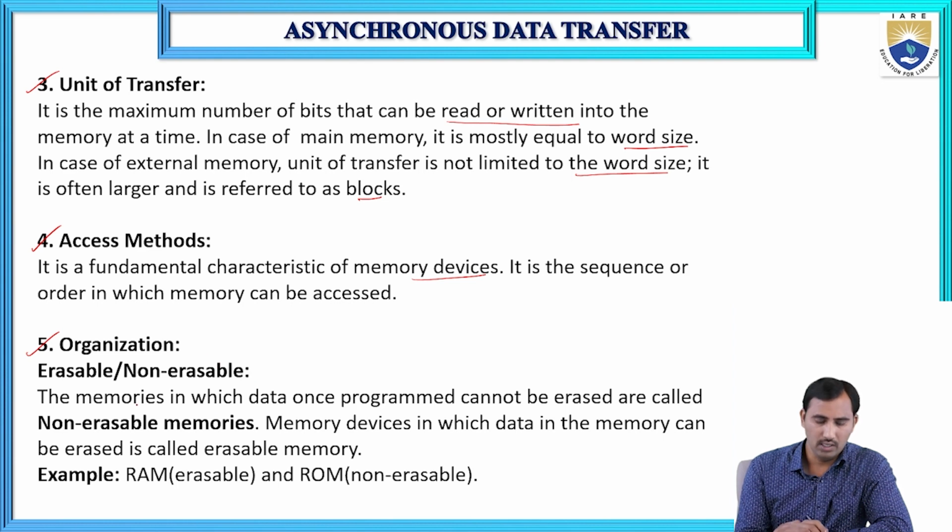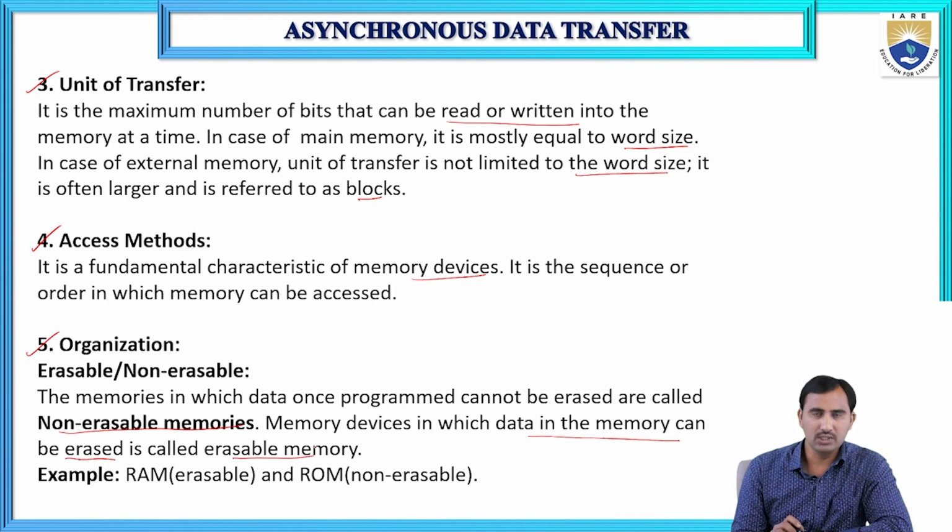These are the memories in which the data can be programmed once and, once programmed, cannot be erased. Those are called non-erasable memories. And the memory devices in which the data in the memory can be erased are called erasable memory.